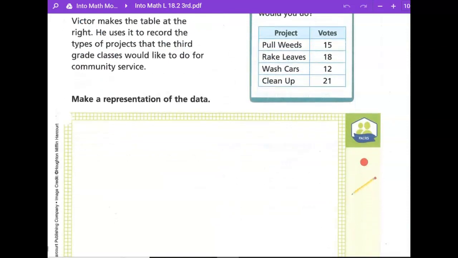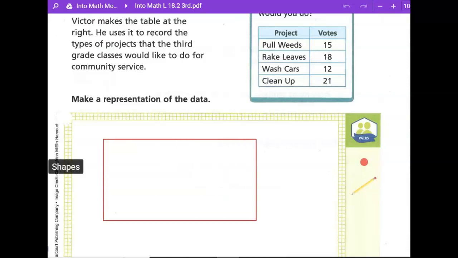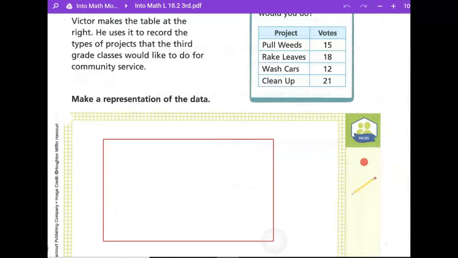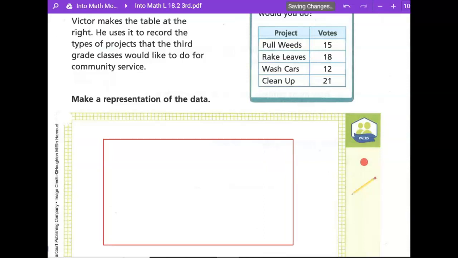So the first thing we're going to do is make a graph to represent the data given here. So we're going to draw a rectangle. And in that rectangle, we're going to make a place for our title.